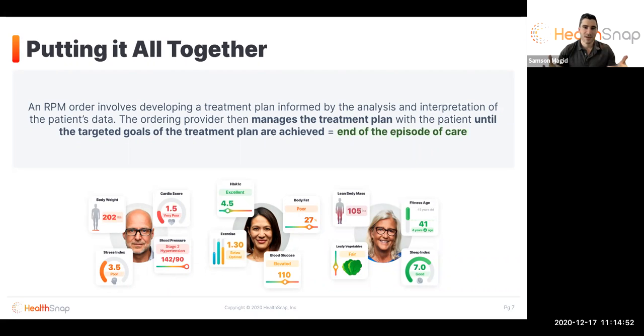That denotes the end of an episode of care. So if I'm ordering for a patient with uncontrolled hypertension, and my treatment plan is to get them to blood pressure readings in control below 130/80 consistently for a 2-month period, they would stay on that monitoring program until they achieve that targeted goal of the treatment plan.